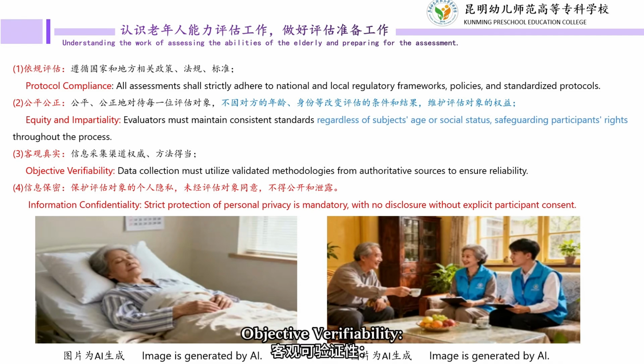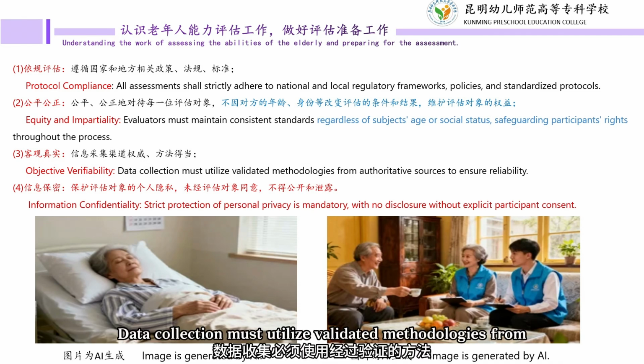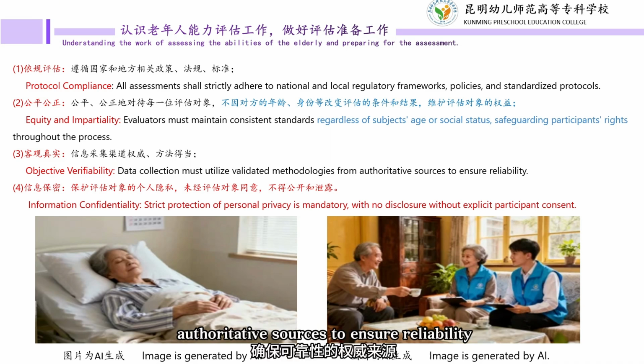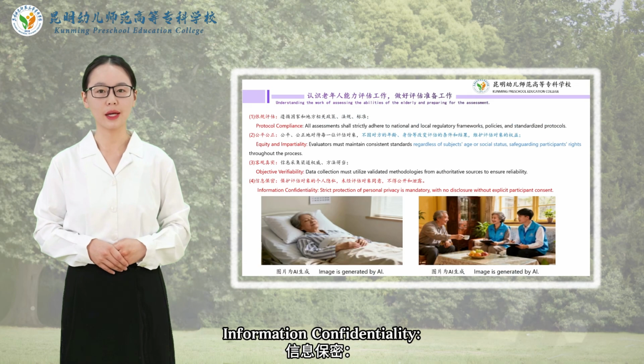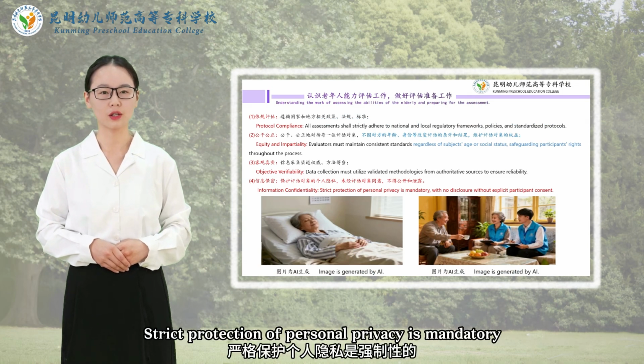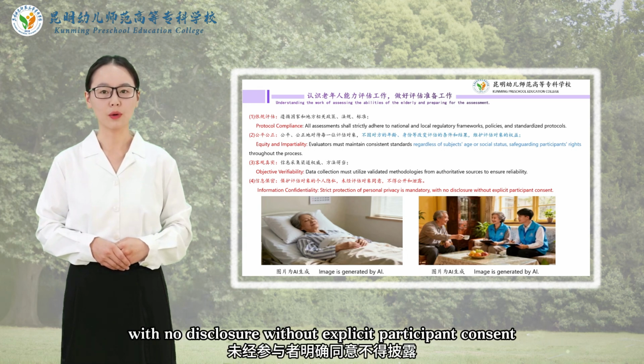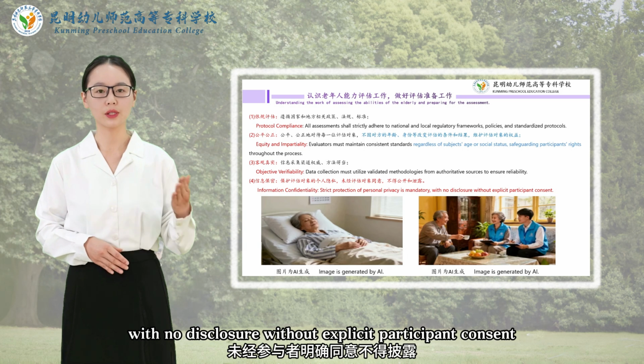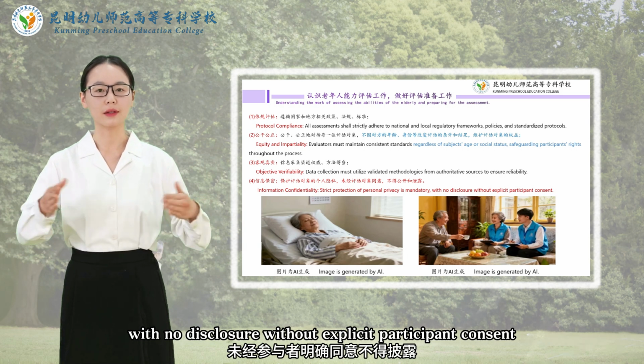Objective verifiability. Data collection must utilize validated methodologies from authoritative sources to ensure reliability. Information confidentiality. Strict protection of personal privacy is mandatory with no disclosure without explicit participant consent.